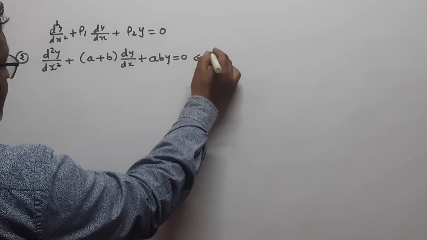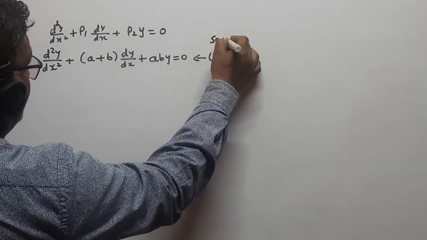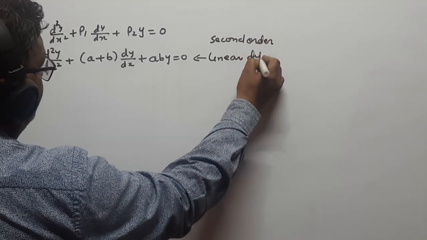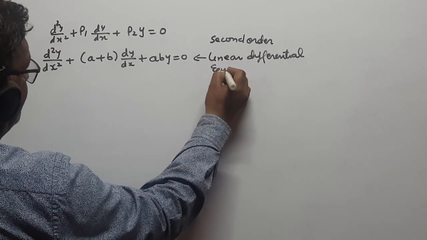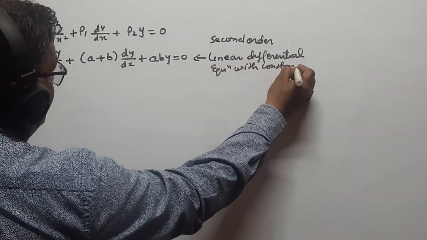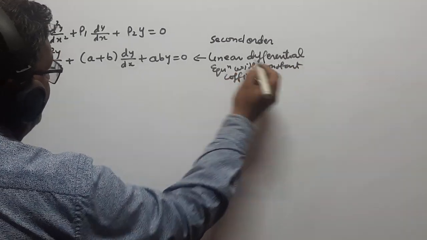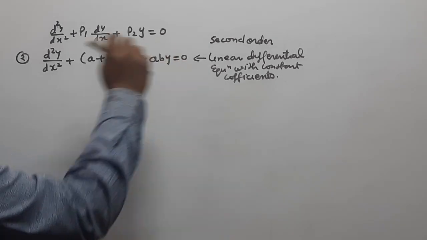This is the second order linear differential equation with constant coefficients. Here the right hand side is 0.